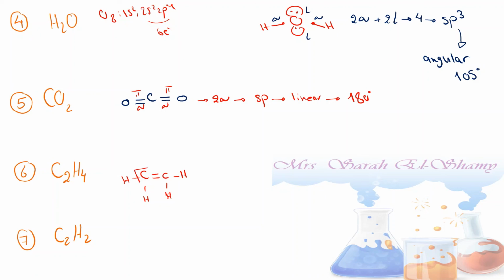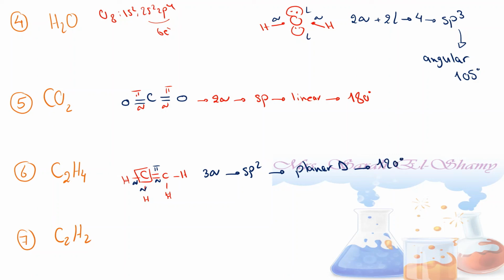So I'm gonna choose this one and start to count for it the sigma and lone pairs. Okay, here sigma, sigma, sigma and pi. We said that we don't need the pi bond, so we have 3 sigma, which gives us sp2 with a planar triangle shape and angle of 120 degrees.